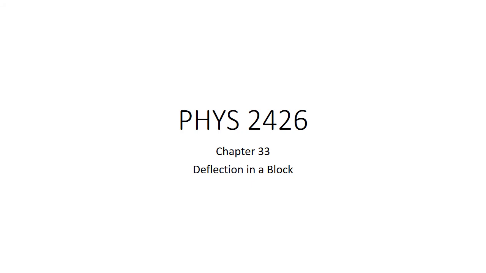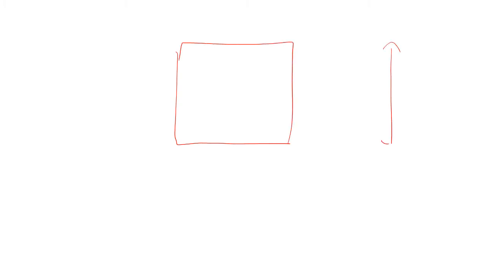All right, let's imagine that we've got a beam of light passing through a square block of material. So we have a square block of material, and let's say the side length is going to be 7.75 centimeters.